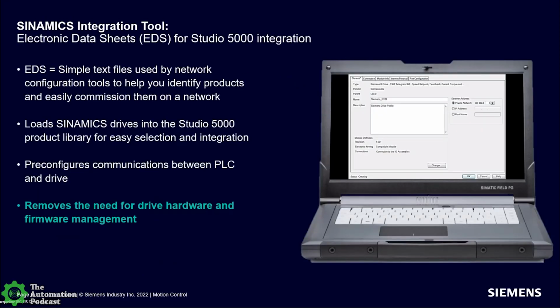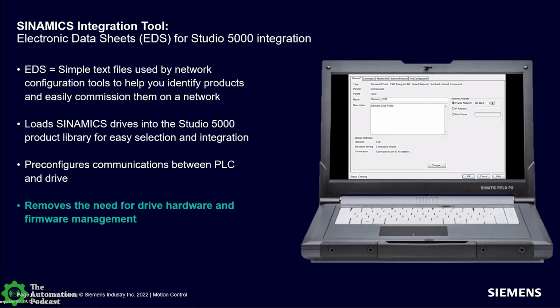For those of you who might know what electronic data sheets are, EDS files, essentially what this allows you to do is, when you go to add a new module, like an Ethernet module, onto the Studio 5000 network, you're normally able to natively within Studio 5000 add a PowerFlex drive or any other Rockwell Automation product, as well as Rockwell Automation partner products.